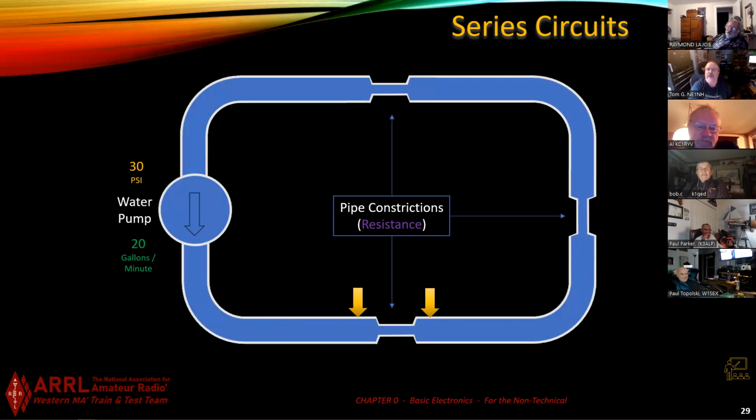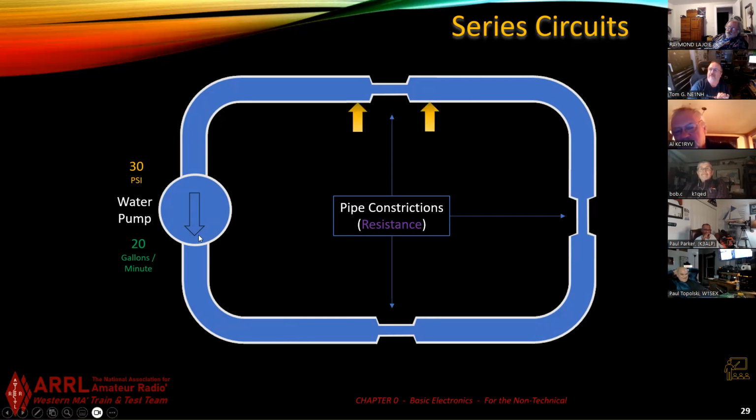When I constrict the pipe, the water flows through the constriction faster, I get a lower pressure. So if I measure across there, I'm going to measure a force, a pressure difference. That's electromotive force or voltage, just like constricting a pipe. Same here. And the same here.